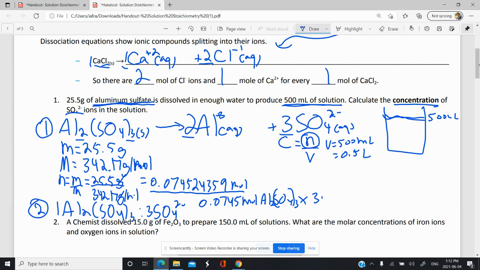We want to do 3 moles of sulfate for every 1 mole of aluminum sulfate. Basically, we're just multiplying by 3 because it's a 1-to-3 ratio. So cross that out, and we get our number of moles, so times 3, and we get 0.223573077 moles of the sulfate ion.